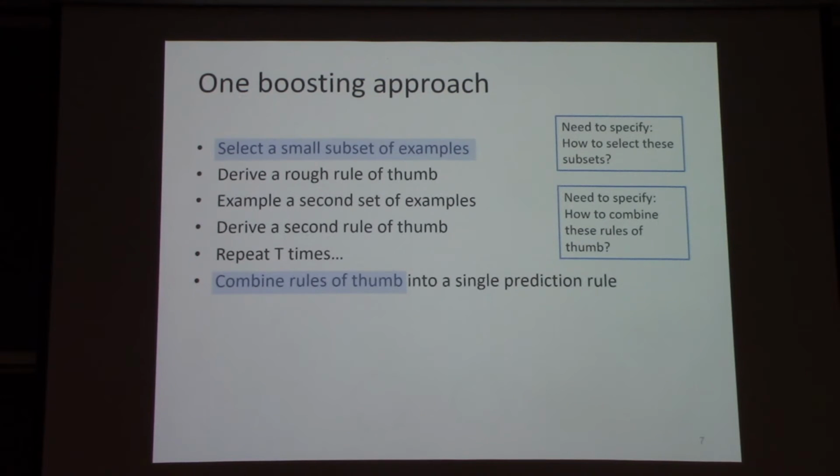Instead, you get a classifier whose error is just slightly less than half. Sorry, accuracy is slightly more than half. That's a weak classifier. Now, in order to complete the story, I need to specify two things. One, how do you select the subsets on which you train the weak classifier, or the rule of thumb, and two, how this combination works.